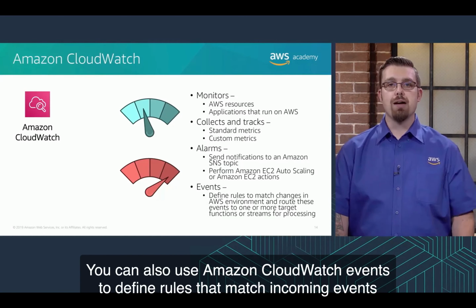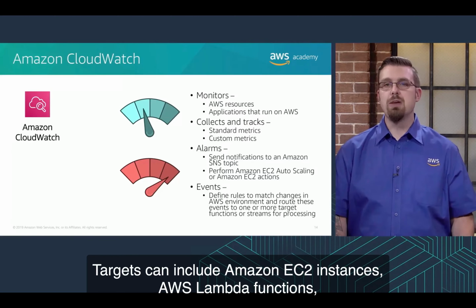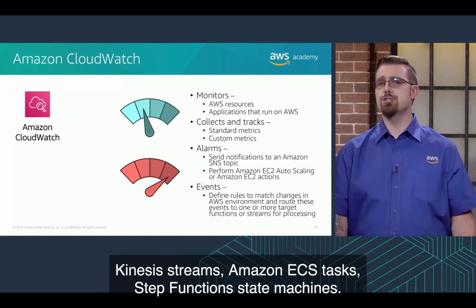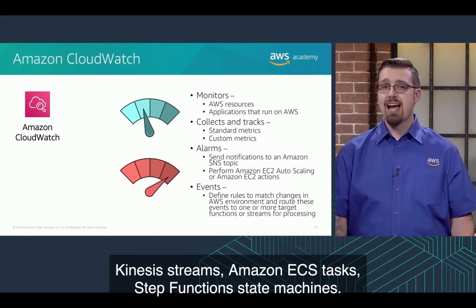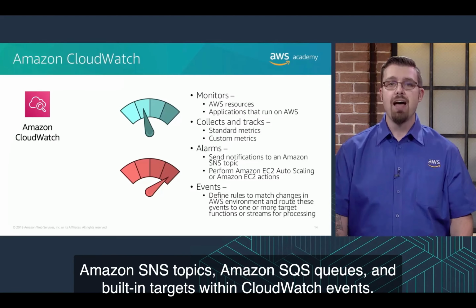You can also use Amazon CloudWatch Events to define rules that match incoming events or changes in your AWS environment and route them to targets for processing. Targets can include Amazon EC2 instances, AWS Lambda functions, Kinesis streams, Amazon ECS tasks, Step Functions state machines, Amazon SNS topics, Amazon SQS queues, and built-in targets within CloudWatch Events.